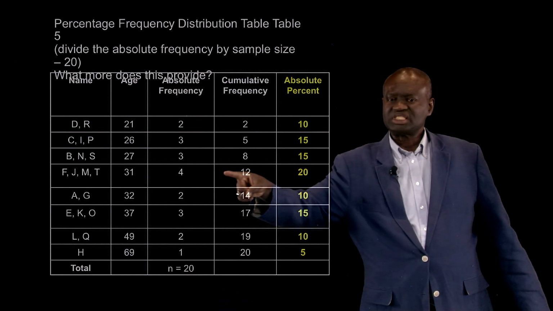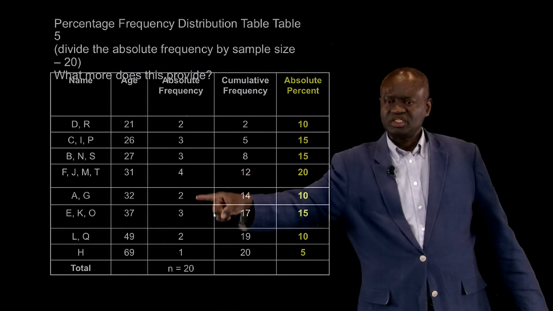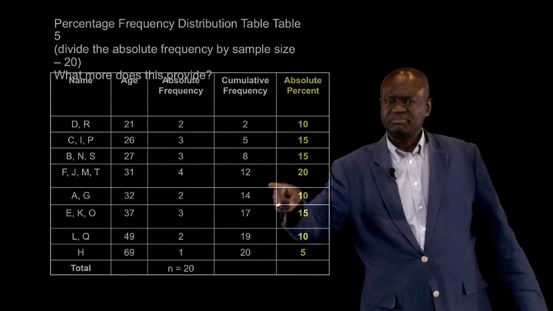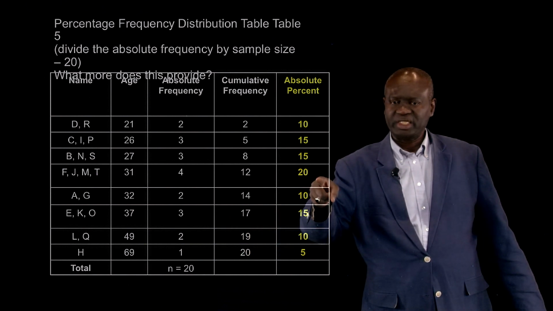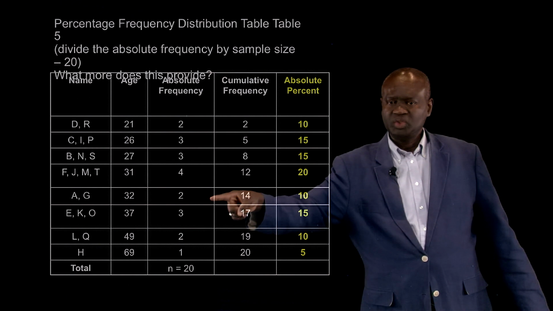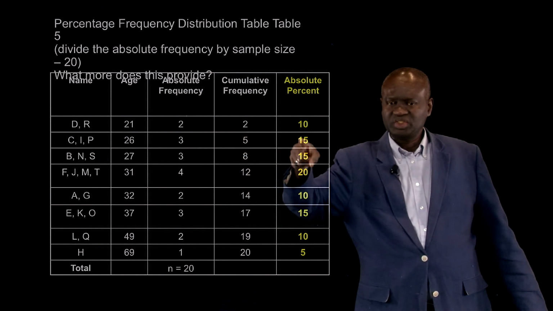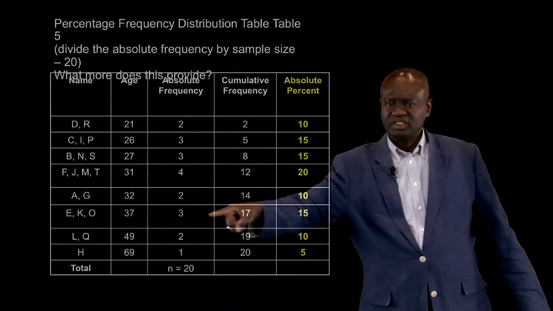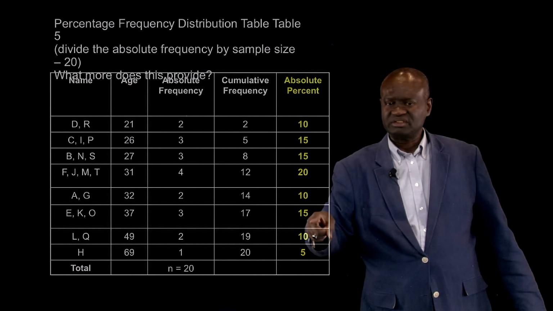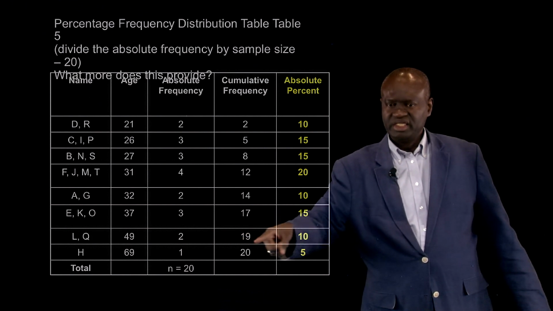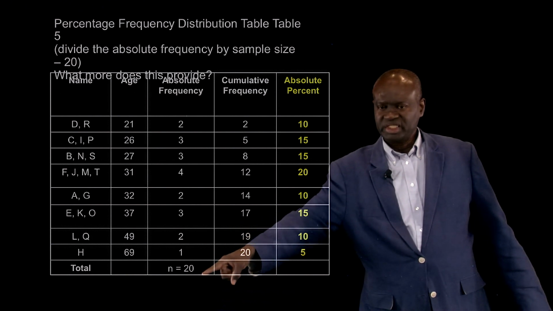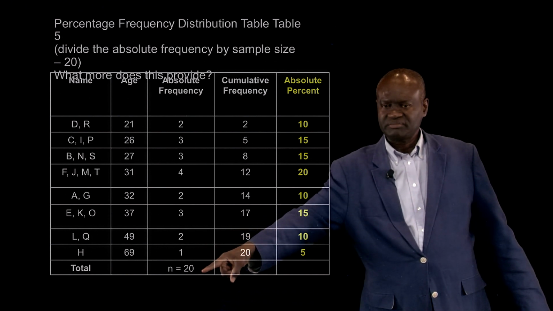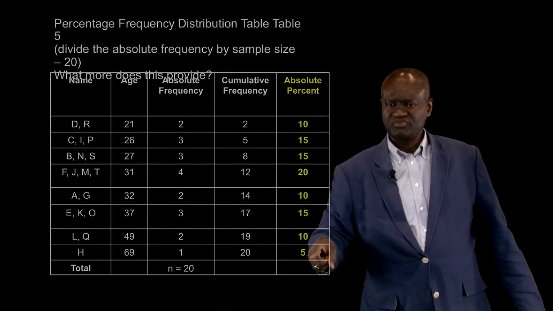So we will do the same thing for 4 divided by 20 multiplied by 100 equals 20. And then 2, you had already calculated 2, you just put 10. 3, you have already calculated, 3, you have 15. 2 also 10. Now 1 out of 20, 1 divided by 20 multiplied by 100 equals 5.